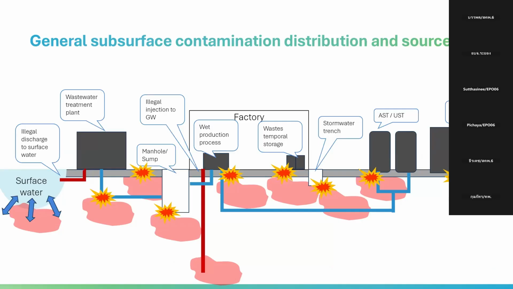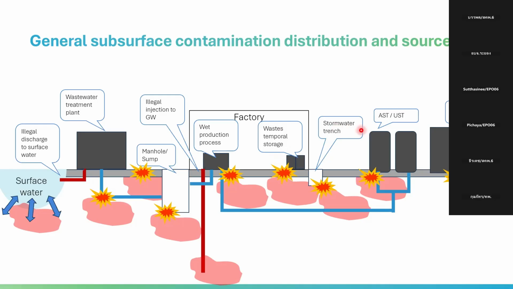So I give you a very general subsurface contamination distribution and its sources. You can see in the factory, the wet production process is the most potential leaking area, or the waste temporary storage area could be a potential contamination source.